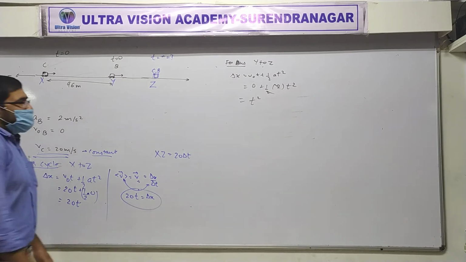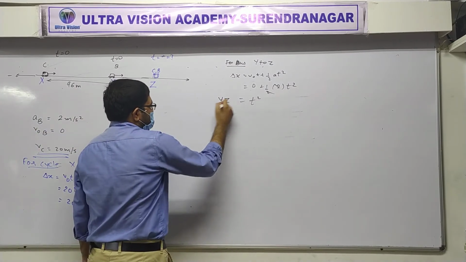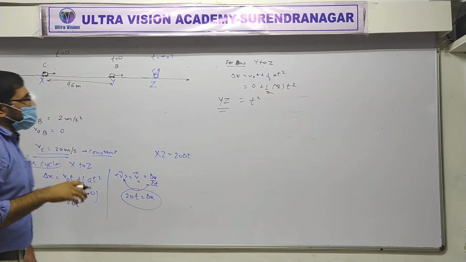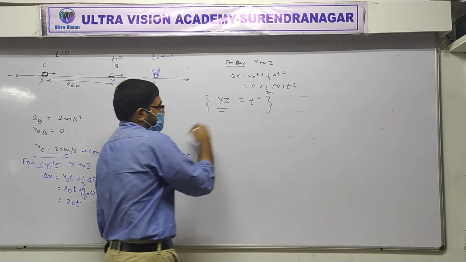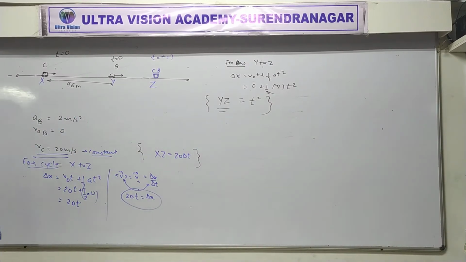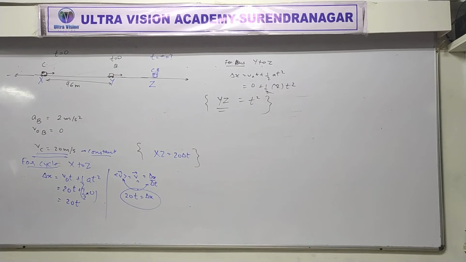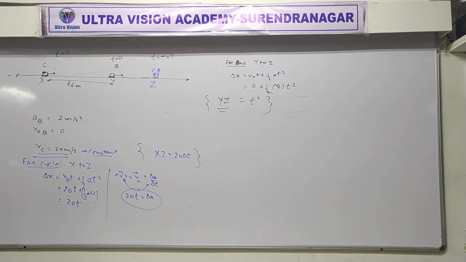I hope this is clear, that first of all this is YZ. Do you see a simple relation between this and this from the diagram? Can you see a relation between XY, YZ and XZ from the diagram?